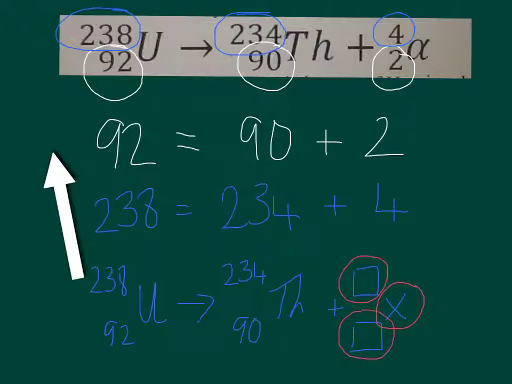Alright, so you would be looking at this and saying, well, okay, I've got 92 here, and it goes to 90 here, so to balance this equation, this number here has to be number 2. Easy. 92 equals 90 plus 2.